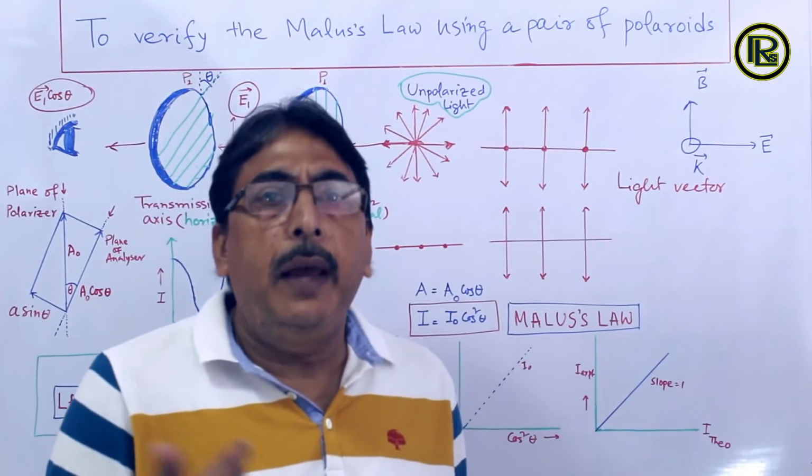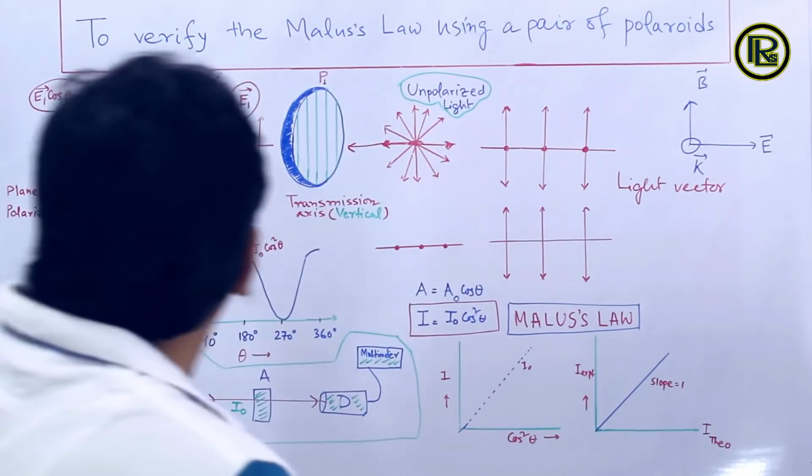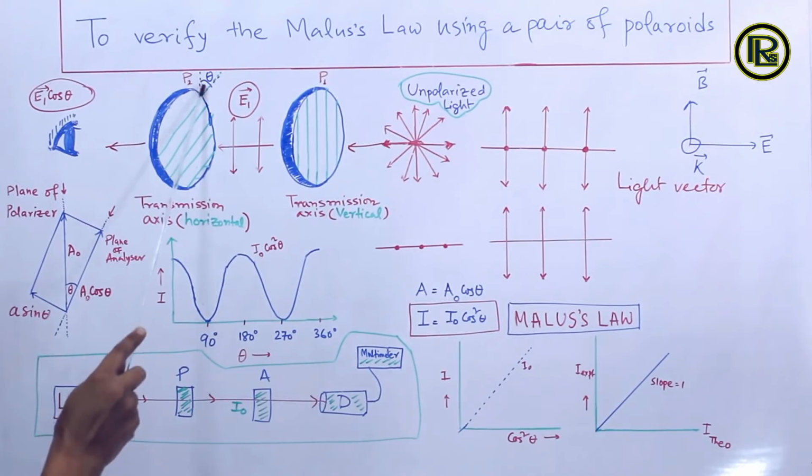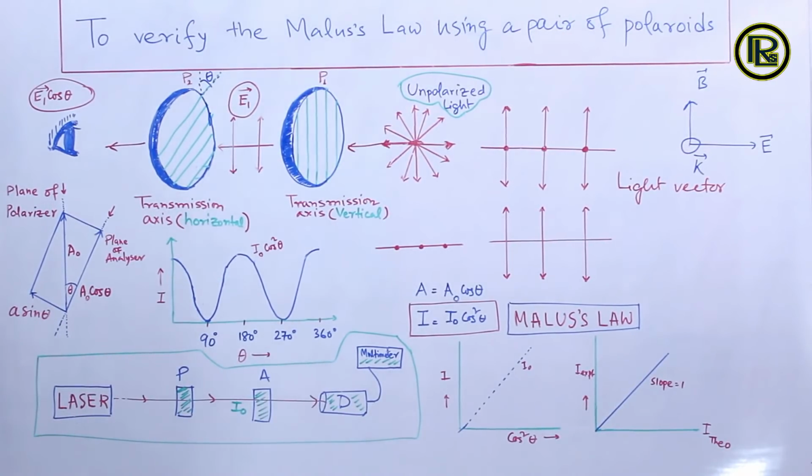Next, I come to the Malus law. So what I discussed so far can be understood clearly from this picture. Suppose this is the plane of the polarizer and this is the plane of the analyzer, as I showed you here, and the angle between them is theta, as I explained earlier.